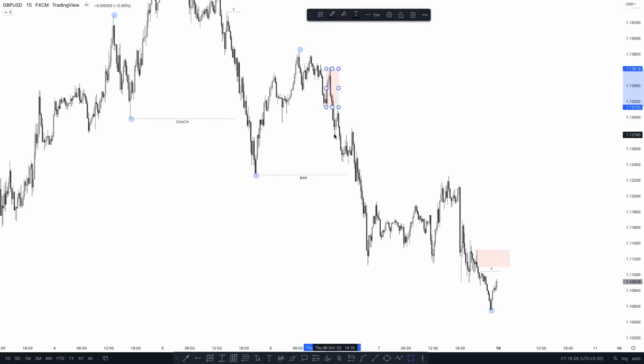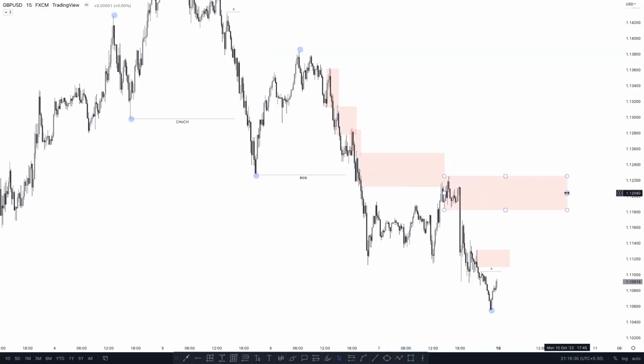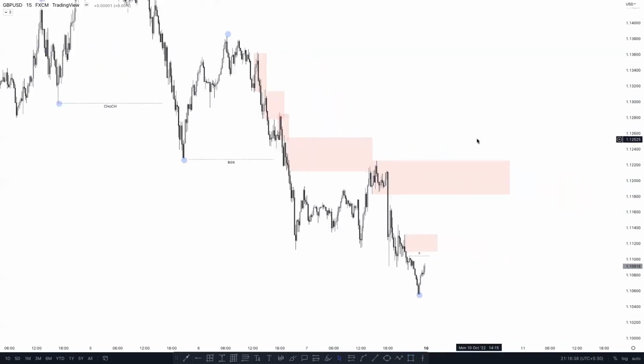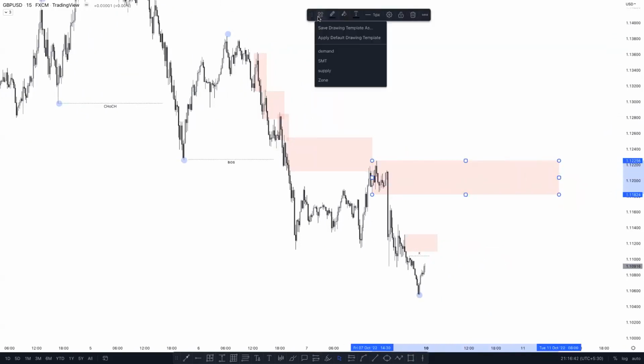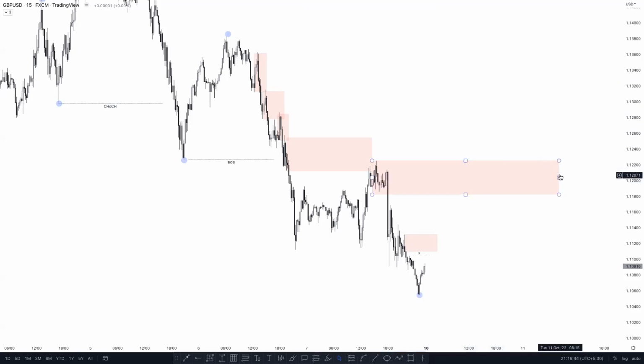All this order flow is mitigated here. Yes, everything is mitigated. So this is our next zone where we can sell, our next area of interest, the price of interest where we can sell at this point.